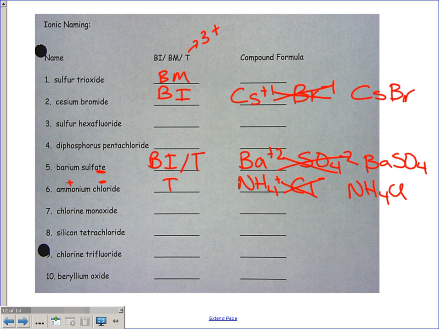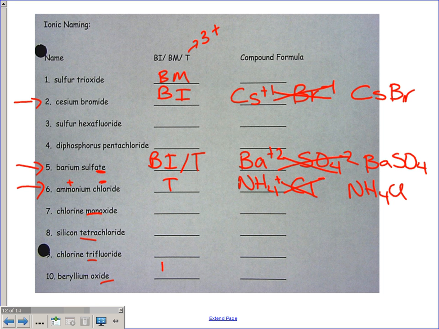I know that 7, 8, and 9 are all molecular compounds because they have these prefixes. Notice on the ionic compounds, we have no prefixes, only on the molecular. The last ionic on this page is beryllium oxide. Beryllium oxide is going to be binary ionic. I know that because it ends in "ide", meaning that it's an ion off the periodic table.